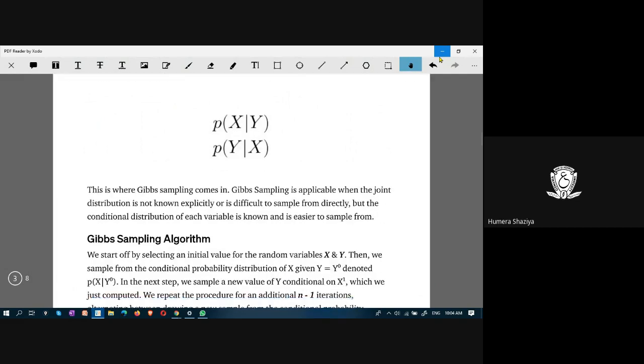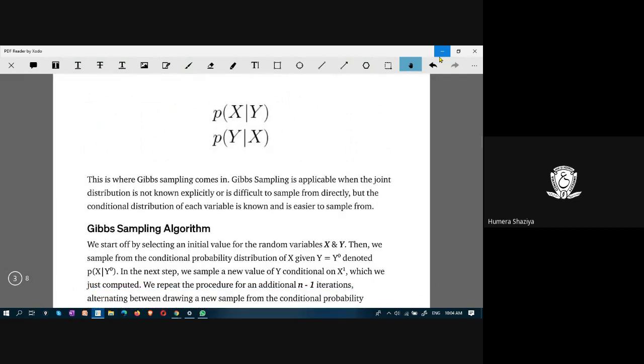Gibbs sampling is applicable when the joint distribution is not known explicitly. When we don't know the joint distribution, it means we don't know the variables x and y occurring together. That is joint distribution.